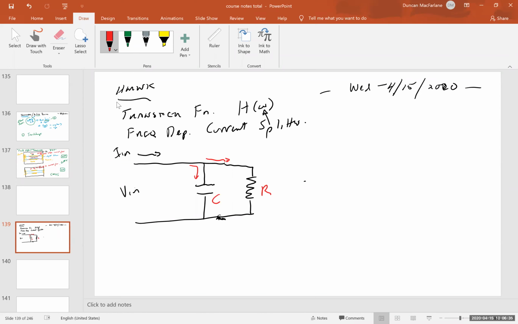And the impedance of the R is R, the impedance of the capacitor is frequency dependent. And it is this frequency dependence that gives rise to the frequency dependence of this output over the input.